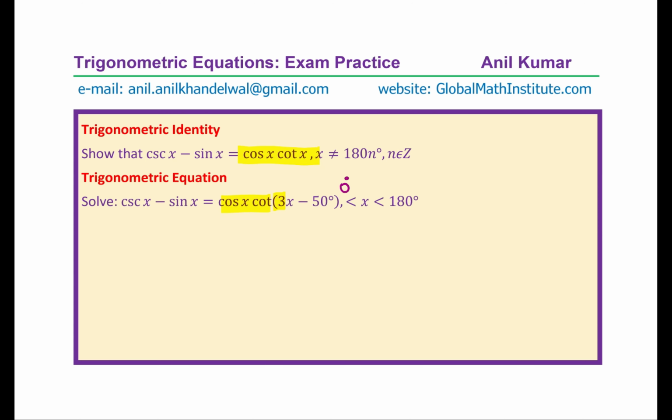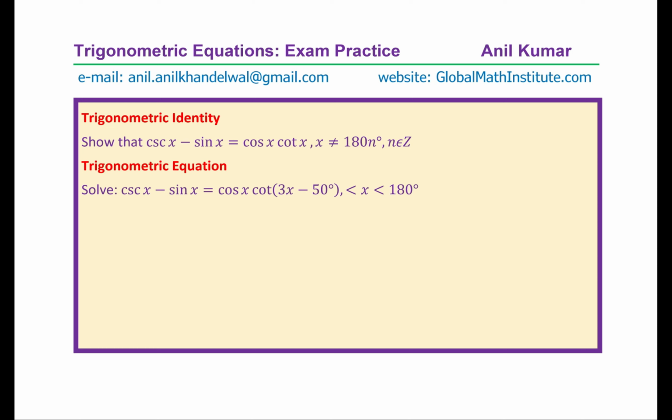So let's begin with the identity itself. We are given cosecant x minus sine x, and we need to show that this is equal to cos x cotangent x. Let's begin with the left hand side, which is cosecant x minus sine x.